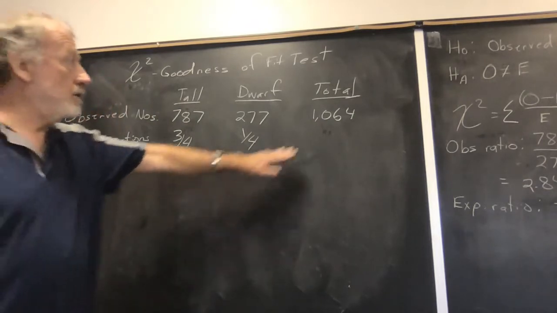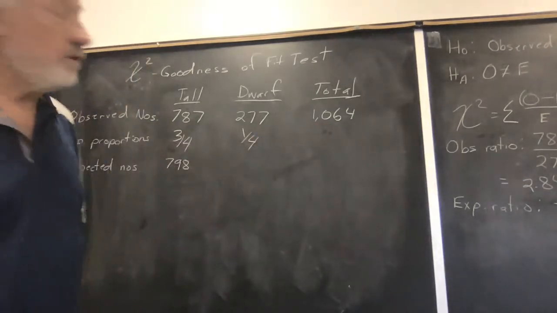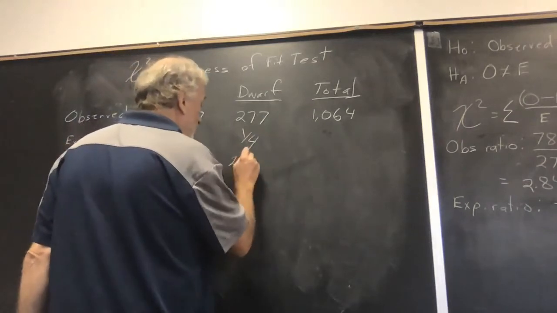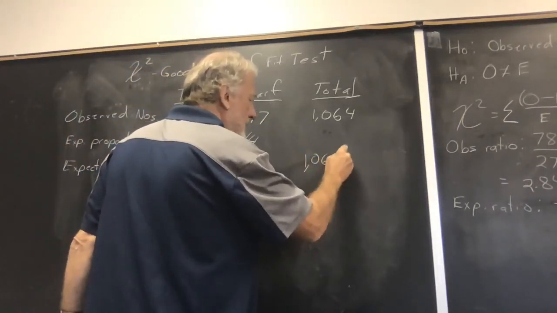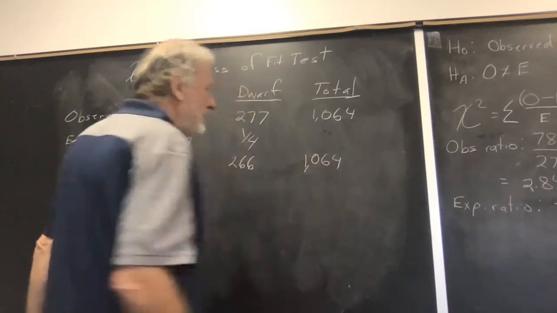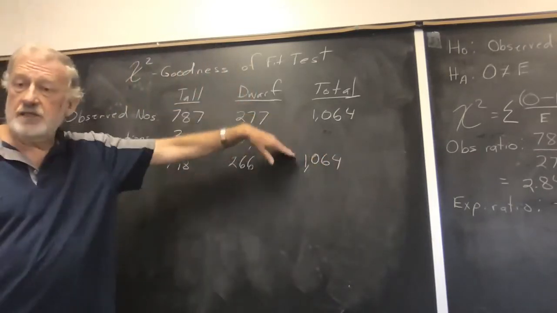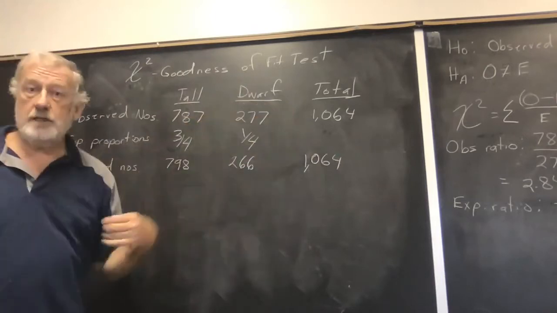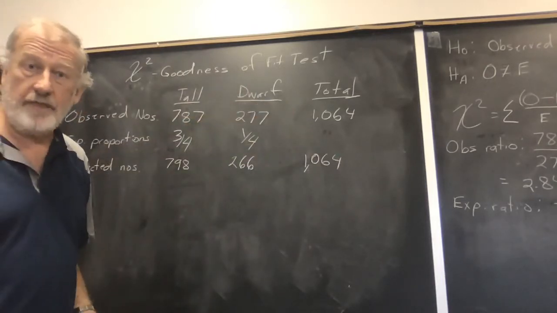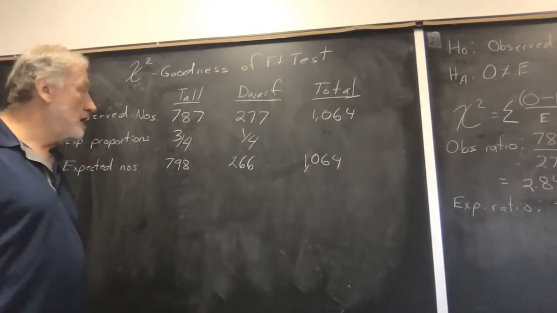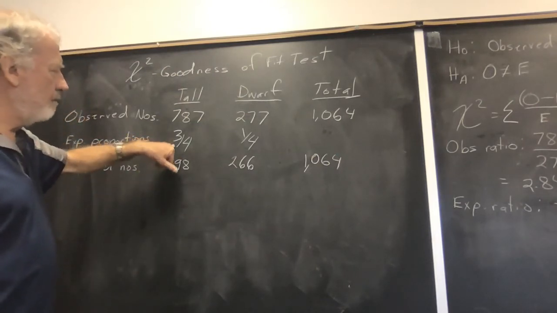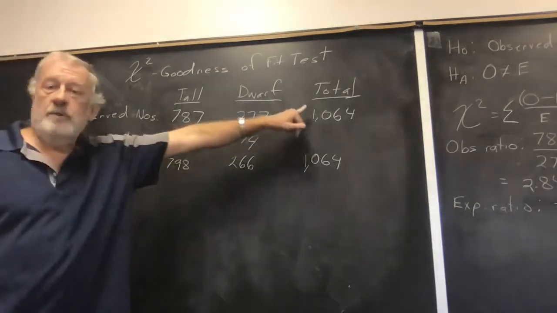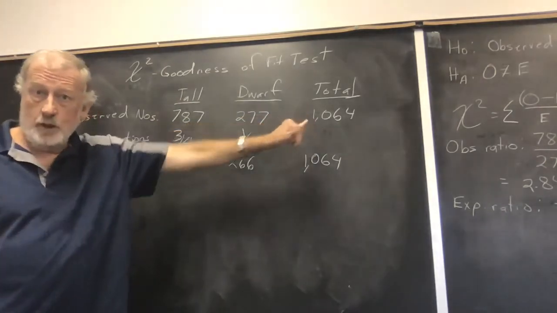And 1/4 times 1,064 is 266. And then we add those up. The two totals should be the same, of course. If they're off by 1, that's okay due to rounding. If they're off by more than that, that means you probably made some kind of a mistake. People often want to multiply the fraction by the number above it, but remember, you need to multiply it by the total.